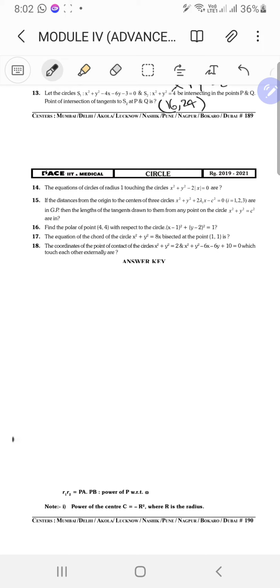So you got two circles which are represented by this equation, and we want to find equations of circles of radii 1 touching the circles. That doesn't make sense. These have radii 1 and they should be touching the circles. That's all that they have given us.